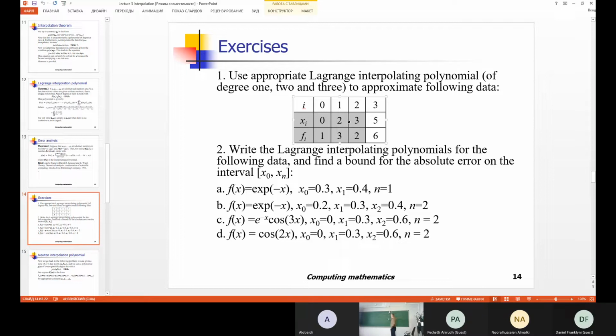Then L2, don't forget this minus: minus 3 times x squared minus 3 and times F1 times 3, plus 2 times x squared minus 2x and times F2. F2 is 2.